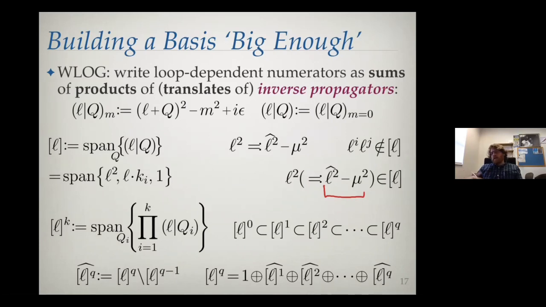And so if you go back in the literature and you find dim-reg representations of scattering amplitudes at one loop in QCD, for example, this is not what people do. They usually write mu squared times the pieces, and mu squared costs us more because, although mu squared is not in L, mu squared is in L squared.